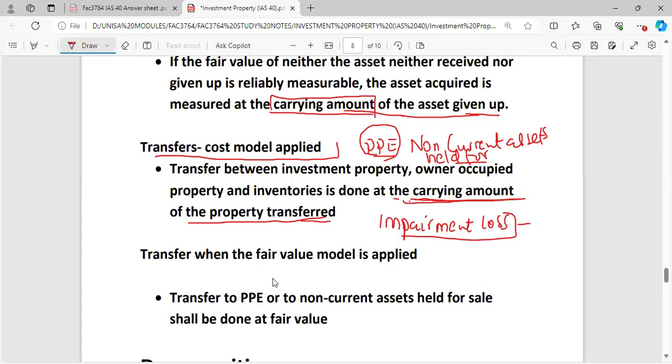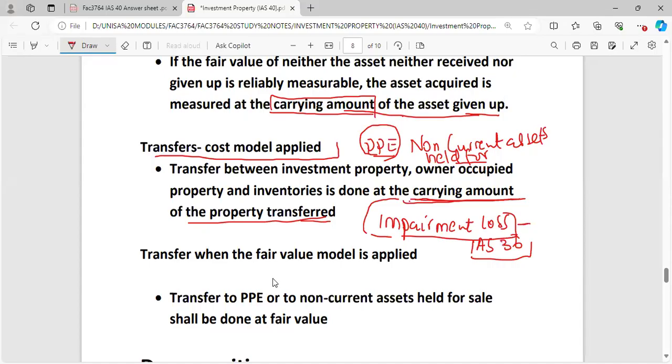As long as the asset has been impaired, then you need also to take out the impairment loss. Then the carrying amount after impairment loss is the one that you take to transfer. I think that will be our next topic, impairment loss. That is IAS 36. We're going to look at it in our next class, IAS 36.